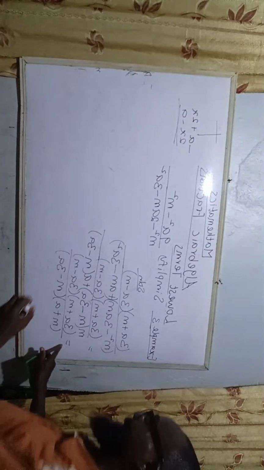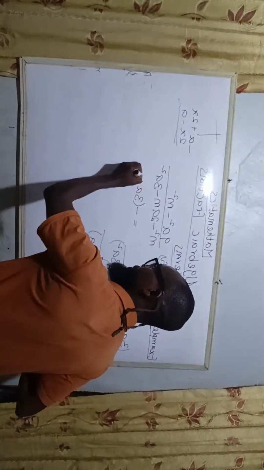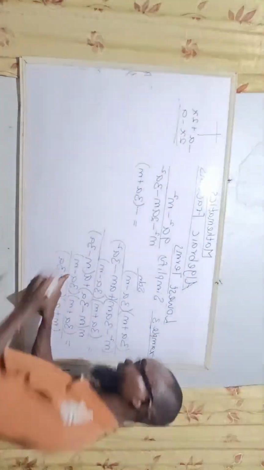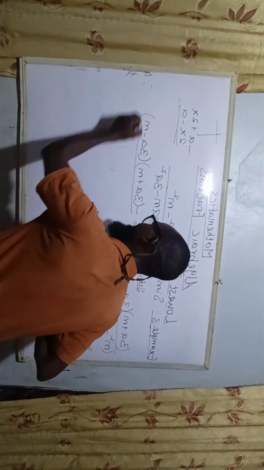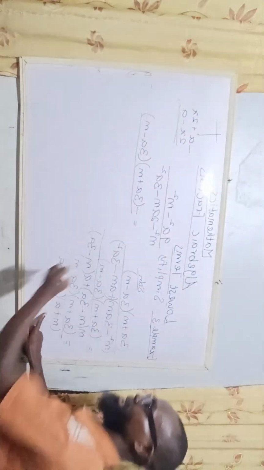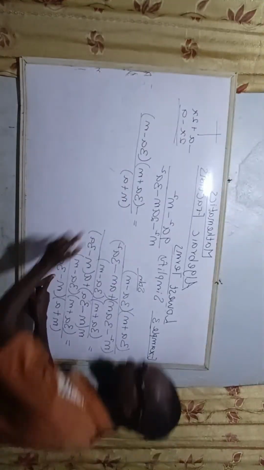If I introduce my negative sign, I'm going to have minus, open bracket, 3a plus m, close bracket, then 3a minus m, divided by m plus a, then m minus 3a.